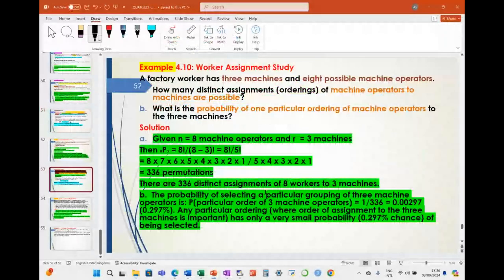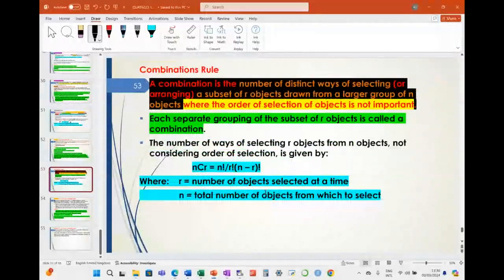If we read the combinations rule, it says a combination is the number of distinct ways of selecting or arranging a subset of R objects drawn from a larger group of N objects, where the order of selection of objects is not important.